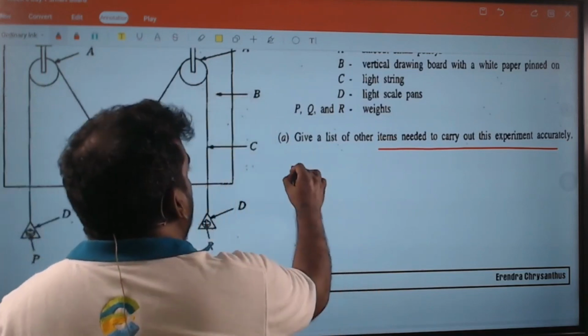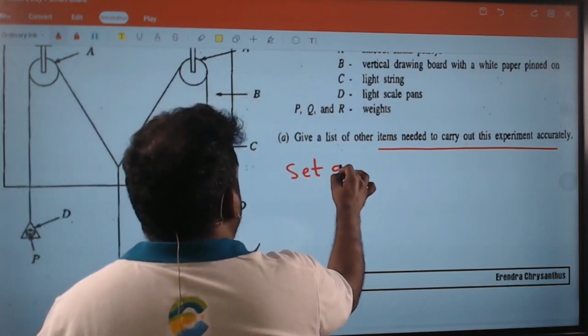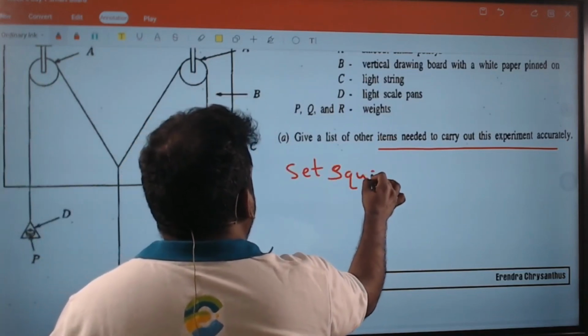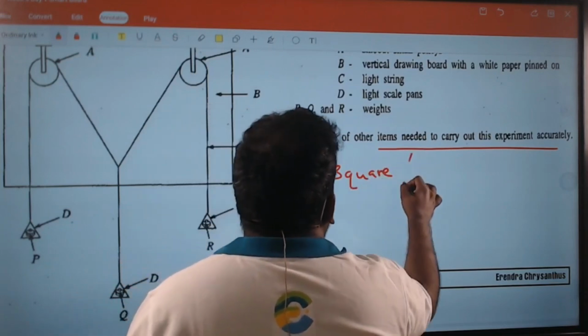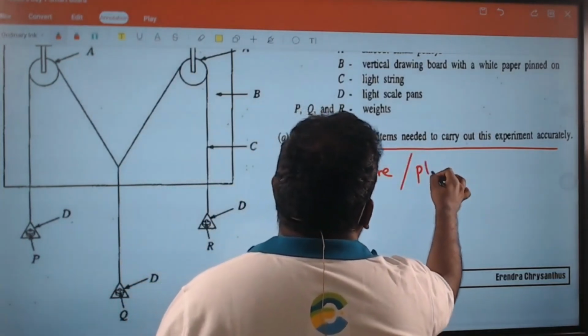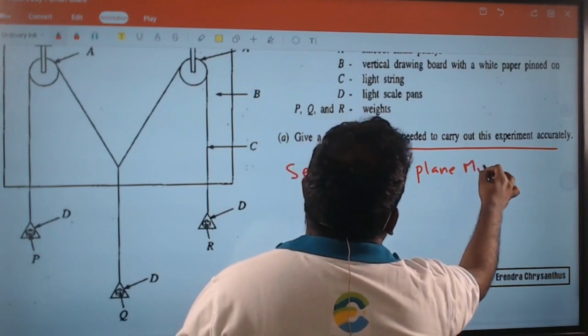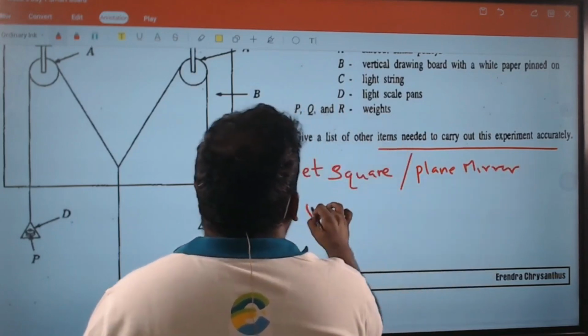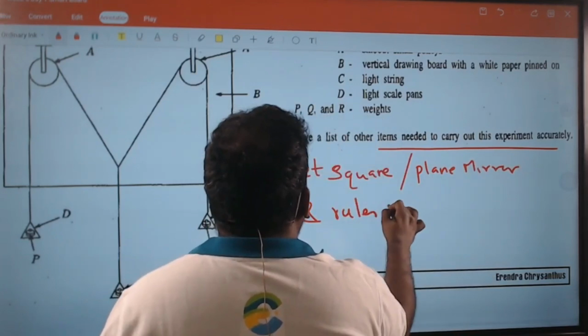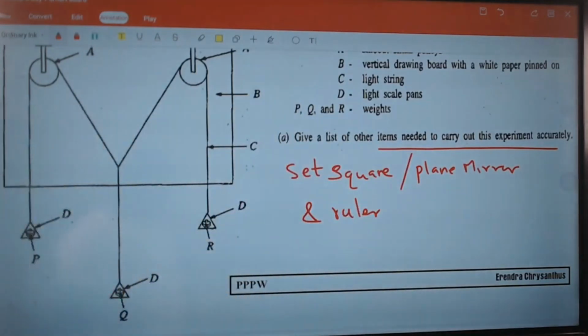So you need a set square, a mirror, and a ruler.